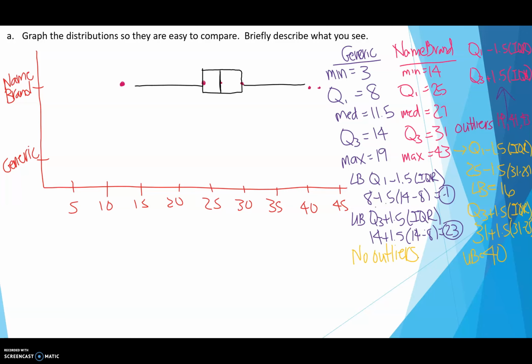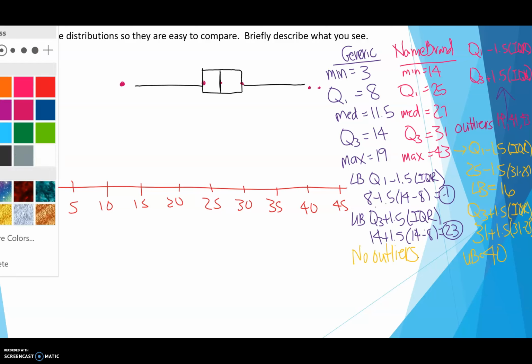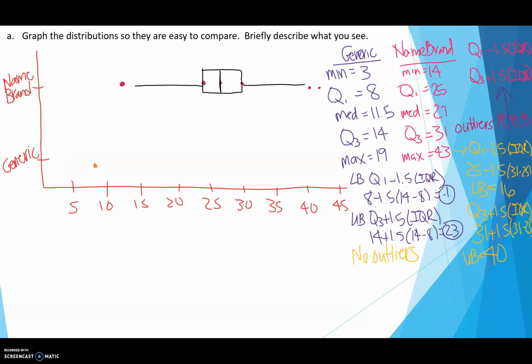I don't have any outliers for generic, so I'm just going to plot this. Orange. All right, so I'm going to plot 8. Oh, I'm sorry, I missed my minimum, which was 3. The median, which is right here, 11.5.